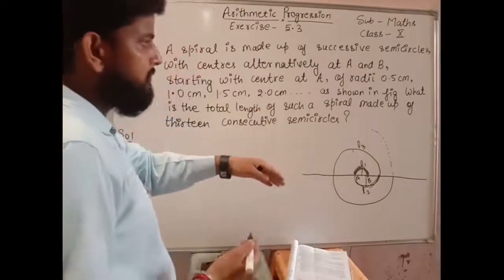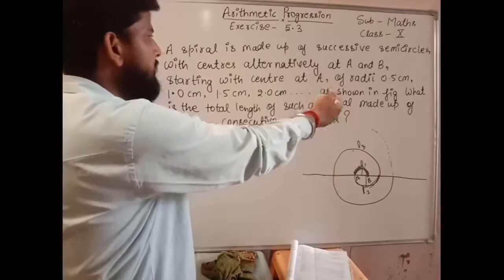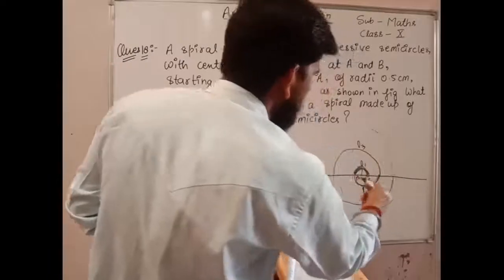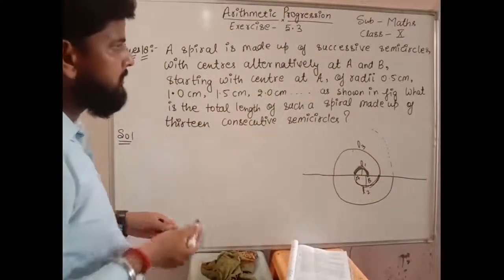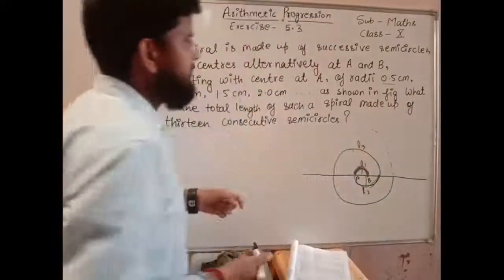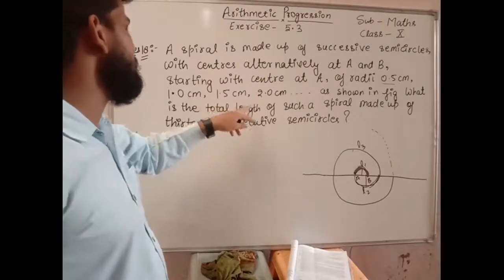If we see the pattern of radius of this spiral of semicircles, we can observe that the first semicircle has 0.5 centimeter radius, the second one is 1.0 centimeter, the third one is 1.5 centimeter.